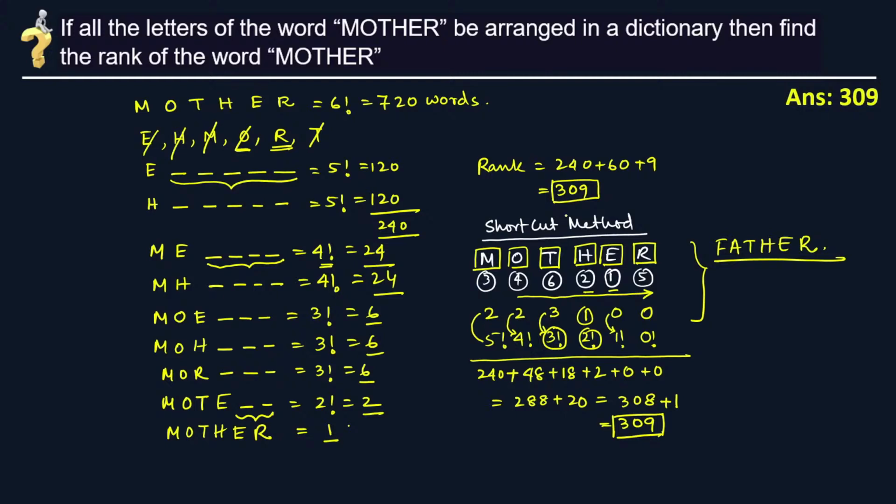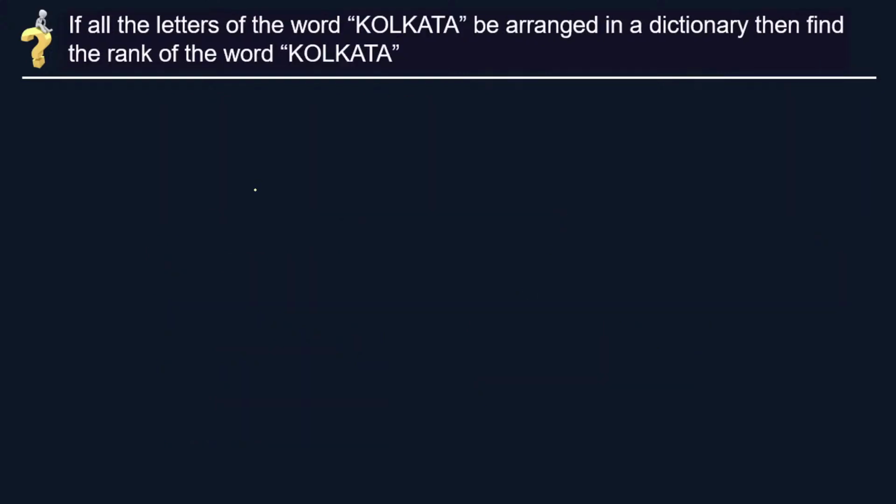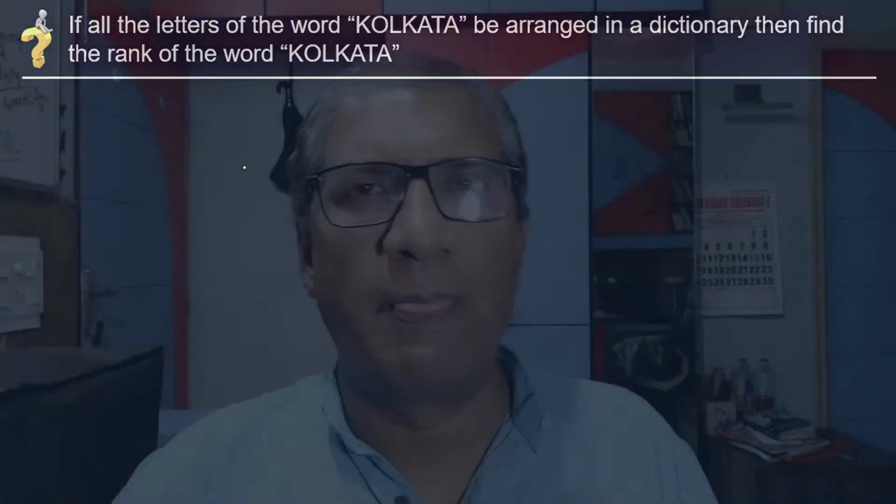309 is the correct answer. In this question they have said that if all the letters of the word Kolkata be arranged in a dictionary, then find the rank of the word Kolkata. Now in this question, if you compare this with the previous one, you will find definitely the word is different.